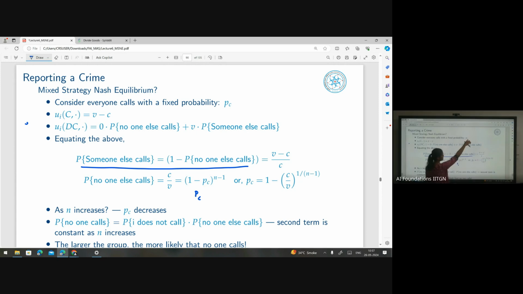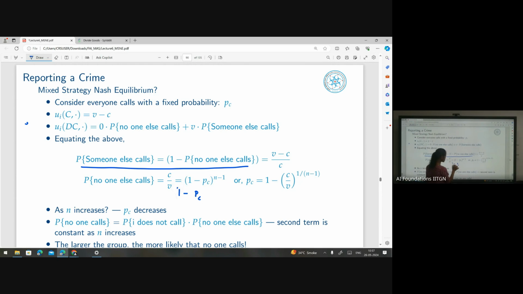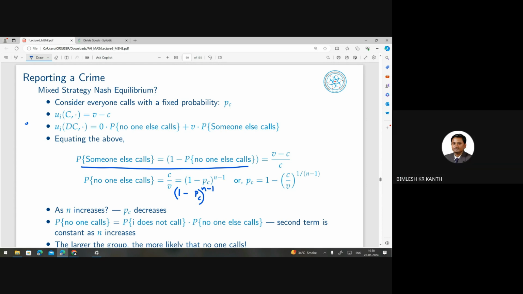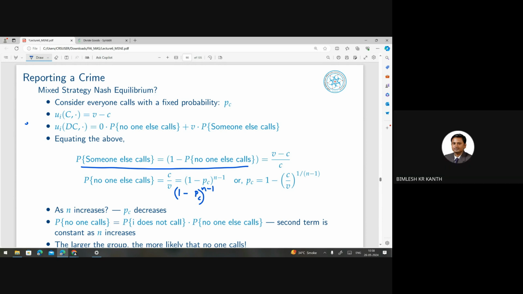I have assumed that. He does not call is 1 minus PC, and there are n minus 1 such agents who are not calling, because no one else apart from I calls. So apart from me. Is it clear? Yes, ma'am.